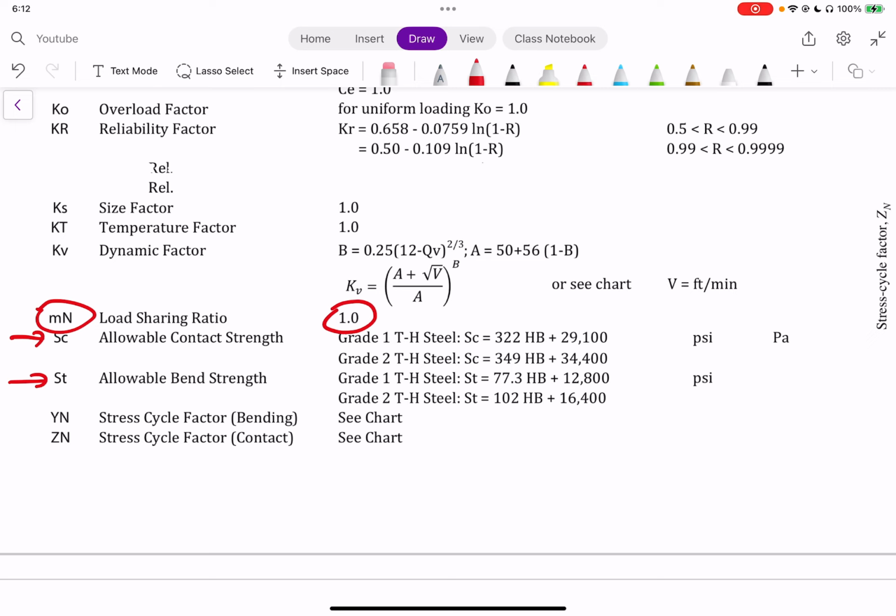TH stands for through hardened, which is the case, and so we're going to use the grade 1 steel equation. We're also going to use this one for S sub C later on, so we'll keep it in mind, but we're going to solve for S sub T. Okay, so we need to use 77.3 times 200, which is our Brinell hardness, plus 12,800.